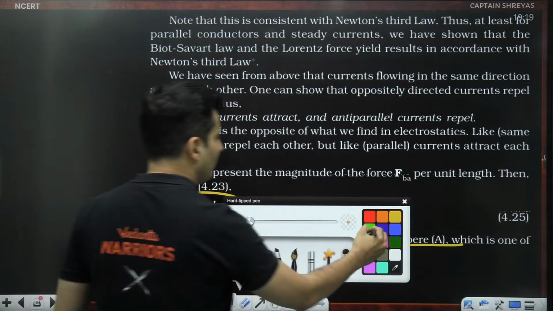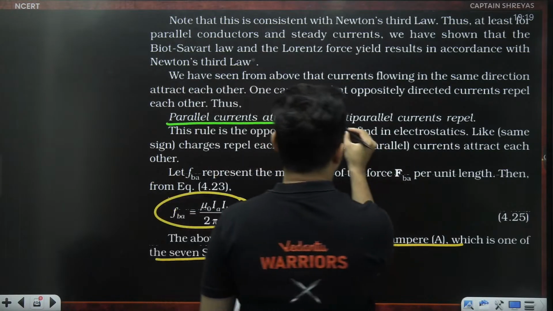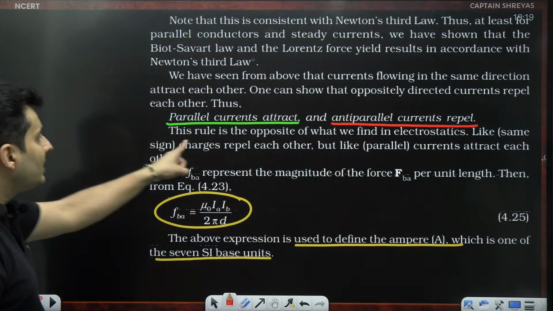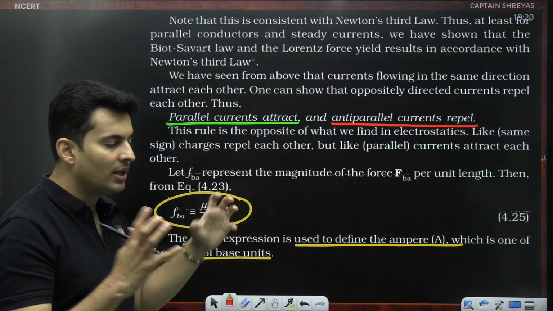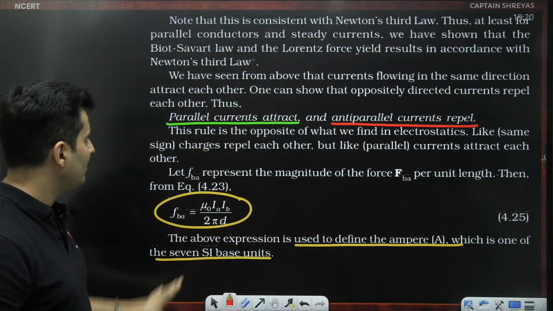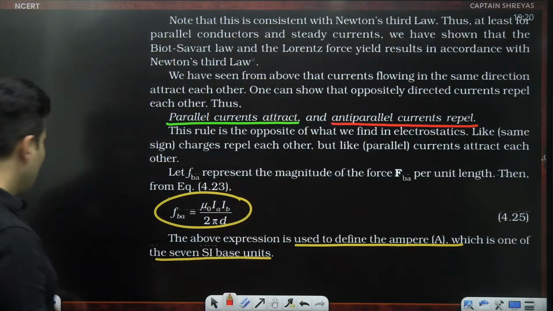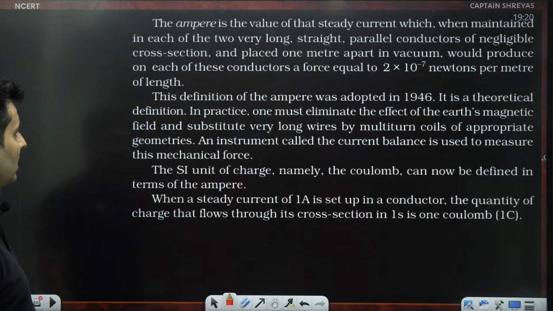And like I said before, parallel currents will attract and anti-parallel currents will repel. This is exactly opposite in electrostatics. Same things would repel, opposites would attract. Here it is opposite in magnetism. Same will attract, opposites will repel. Now, how is it used to define the unit of current?